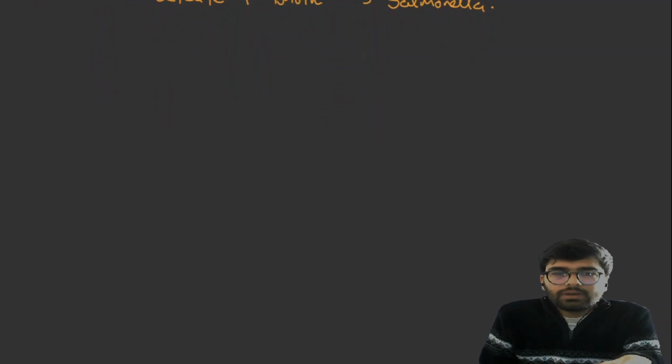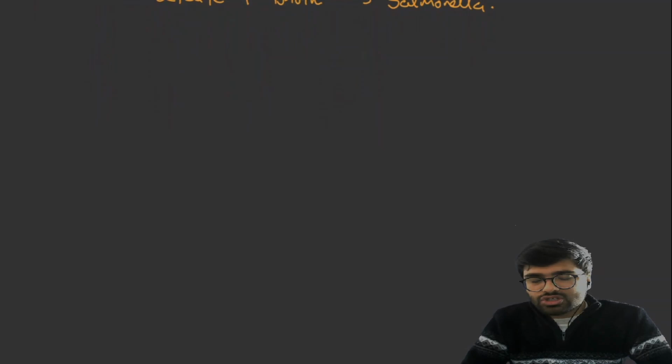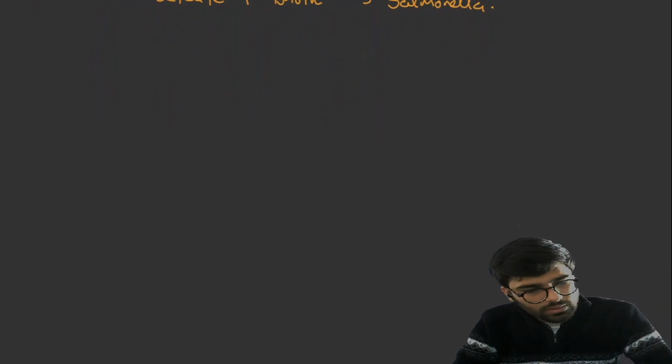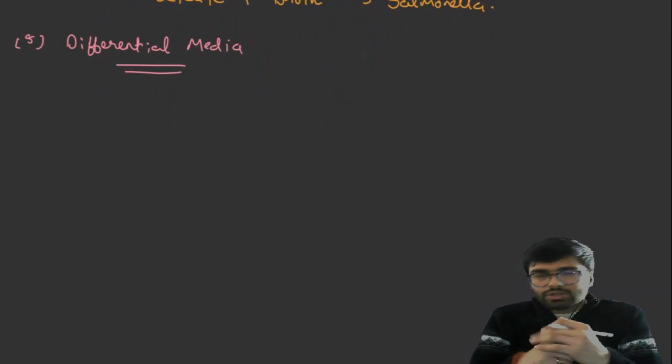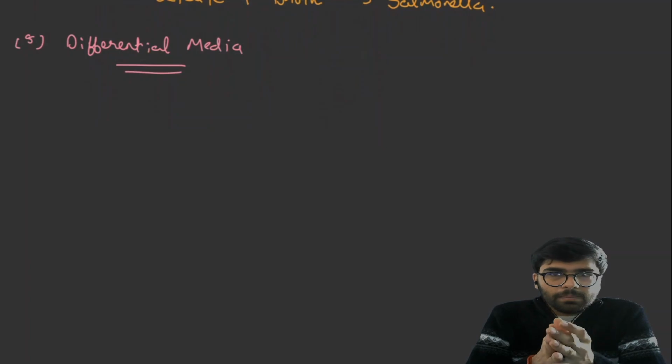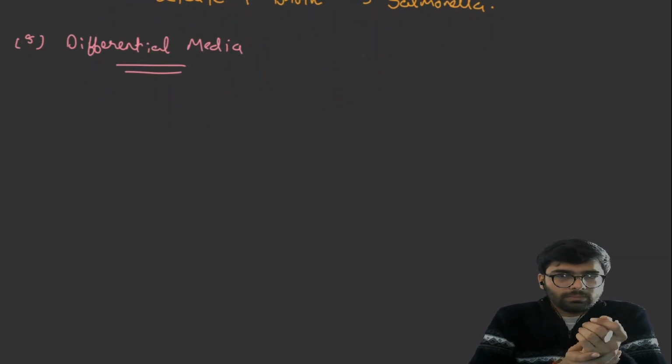Now the fifth media, that is differential media. Let us quickly go to the differential media. Differential media is a media that differentiates groups of bacteria into various subgroups based on colony formation.